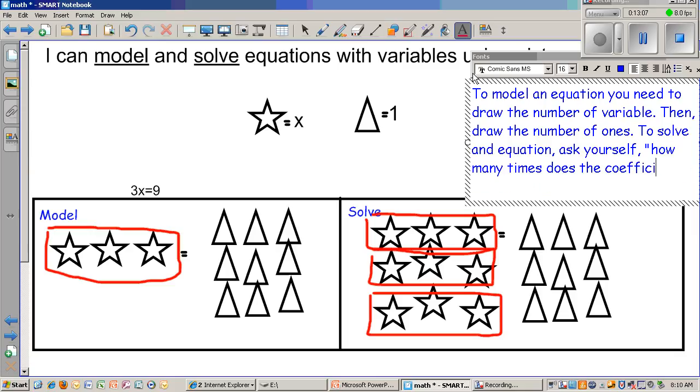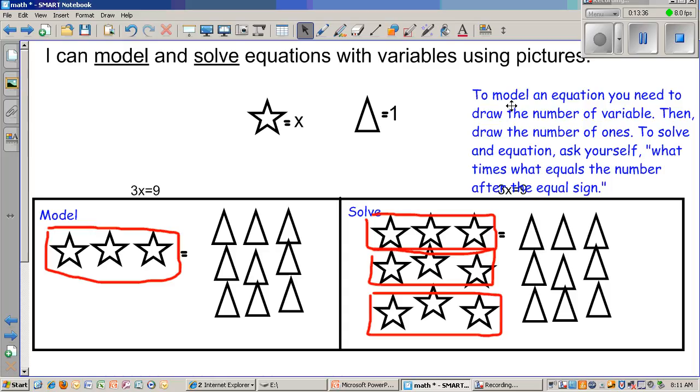Or we could ask ourselves, what times what equals the number after the equal sign. Okay? I think that's a little bit easier to understand because that's what we've been saying this whole time around.